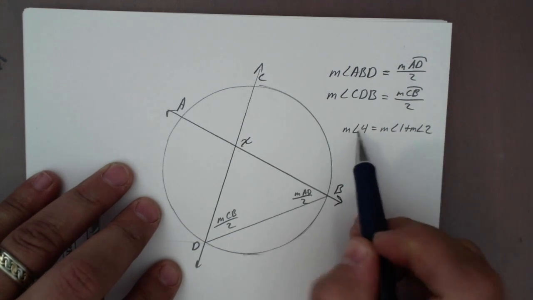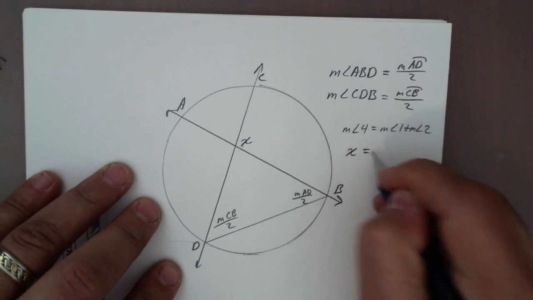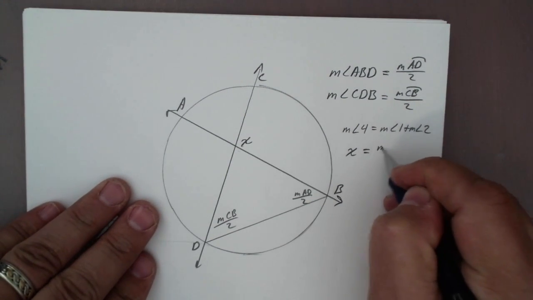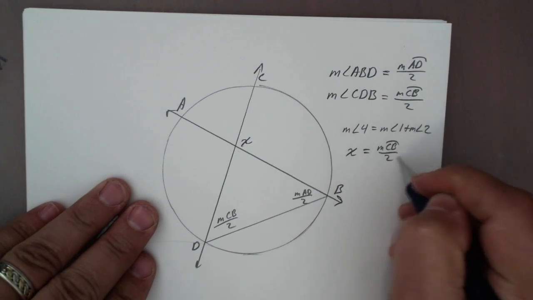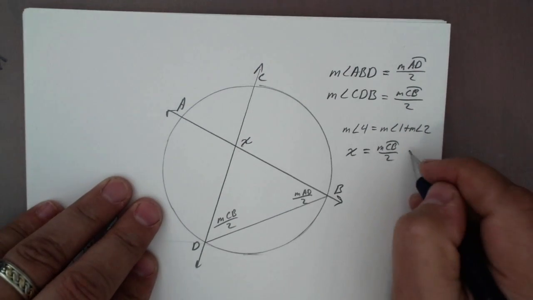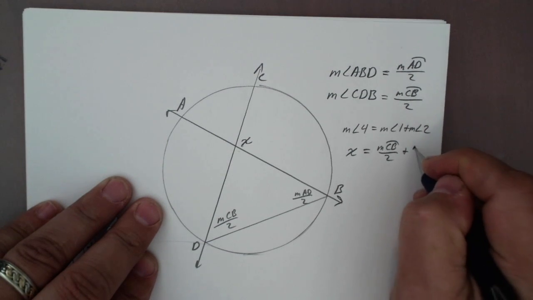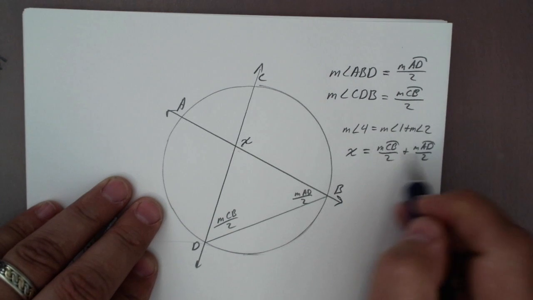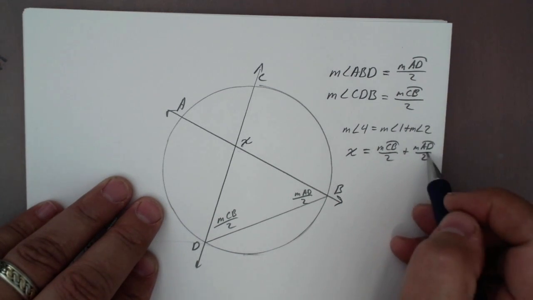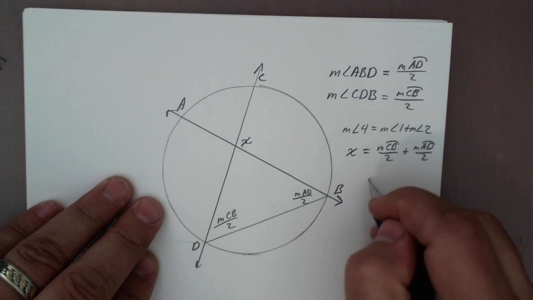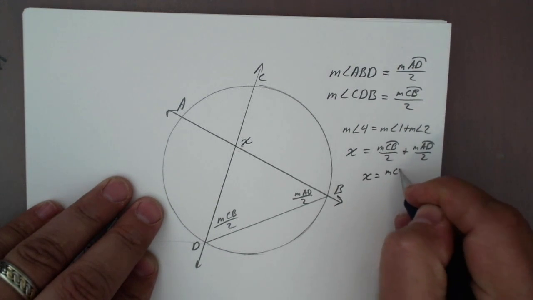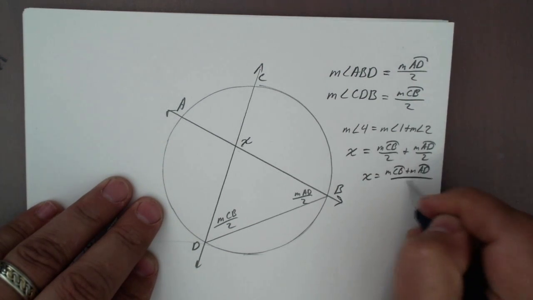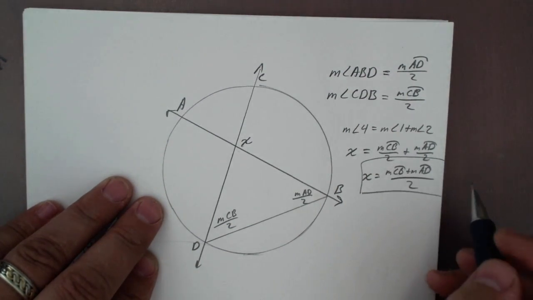So x would be angle 4, and measurement angle 1 would be D. The measurement of angle 2 would be this one, measurement of AD over 2. And we add the numerators and the denominators stay the same, so x equals measurement of CB plus the measurement of AD all over 2. And that's where our formula comes from.